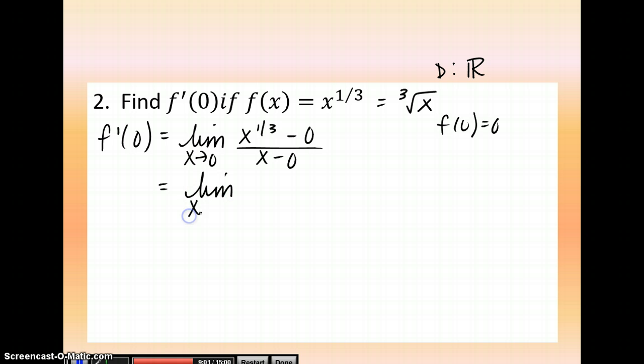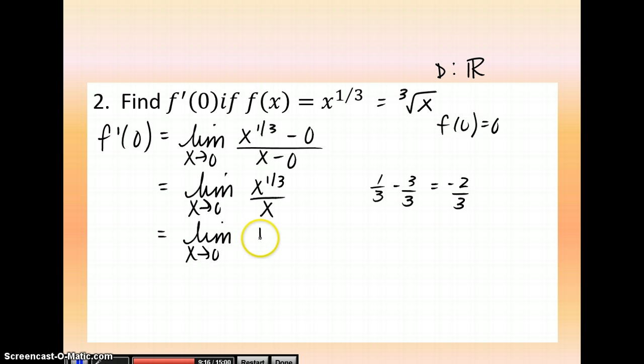So I get the limit as x approaches 0, x to the 1/3 over x. Dividing like bases, we subtract exponents, so negative 2/3. This becomes the limit as x approaches 0 of 1 over x to the 2/3.